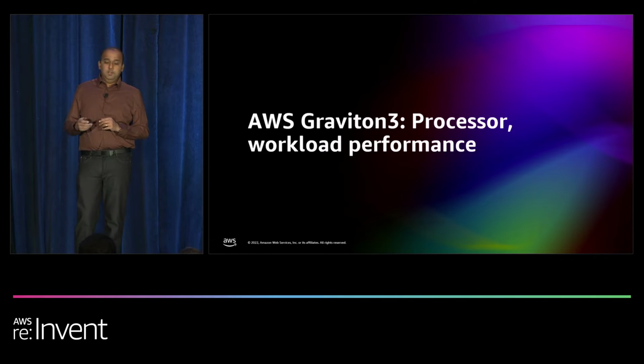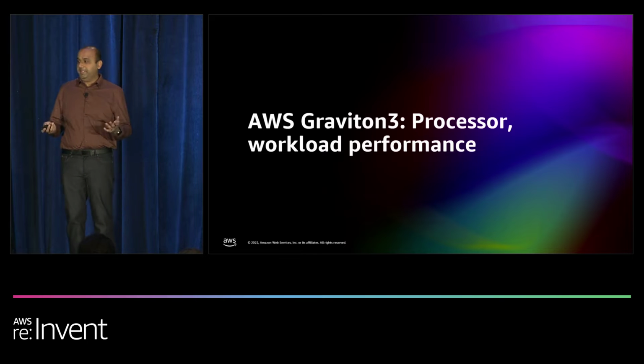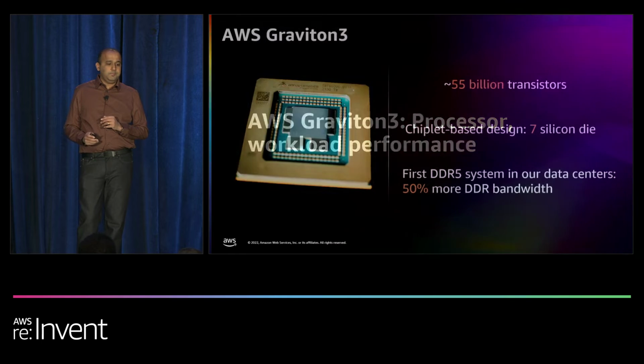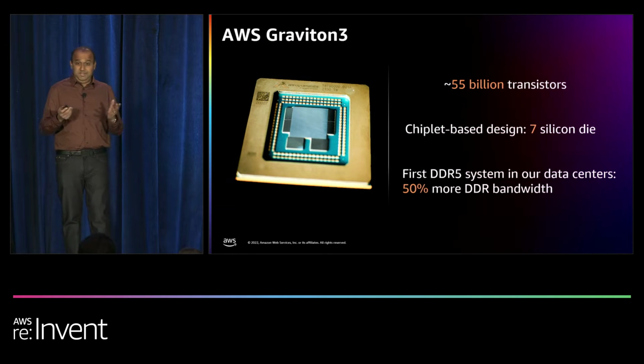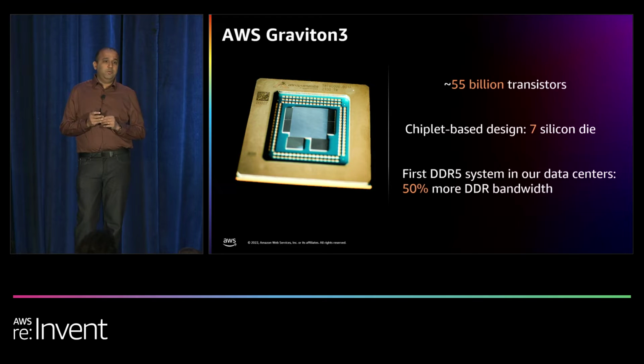Now let's double-click and go a little bit deeper into the Graviton 3 processors and talk about the chip architecture, as well as discuss some workload performance results. Graviton 3, as the name suggests, is the third generation of Graviton, and it's the most powerful Graviton chip that we've built so far.